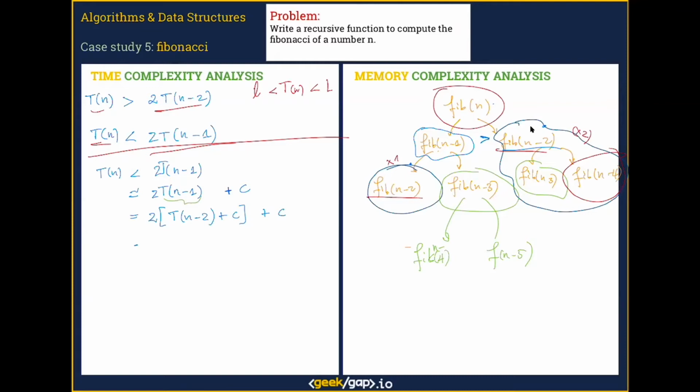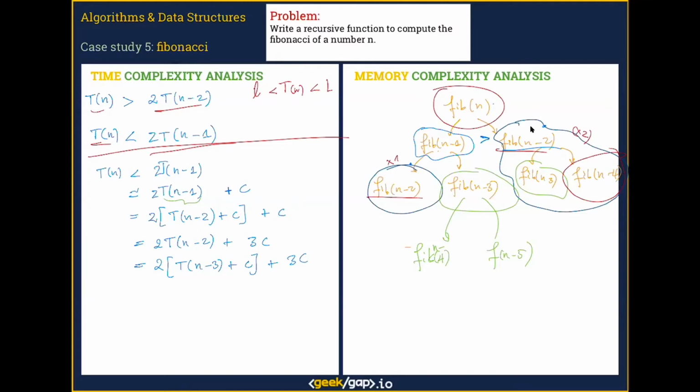When we continue, it gives us 2 T of n minus 2 plus 3 c's. And then we continue, 2 to the power of, n minus 3 plus c plus our original 3 c's that we had earlier, which will now give us, oh, what am I doing?